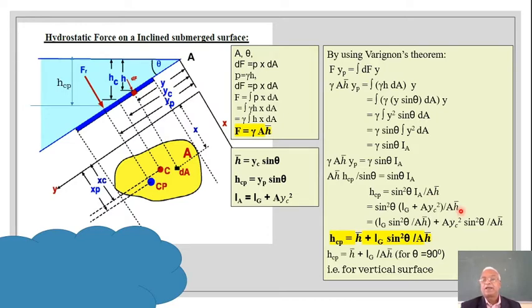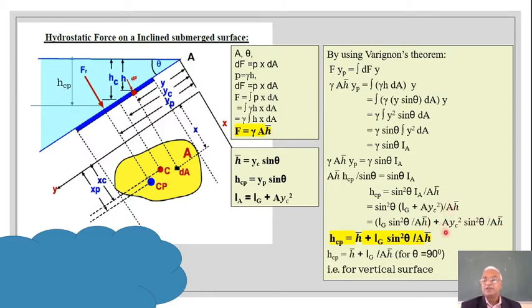Okay. Now, when I take this inside, what it gets is Ig sine squared theta divided by A h bar plus A into yc squared sine squared theta divided by once again A h bar.